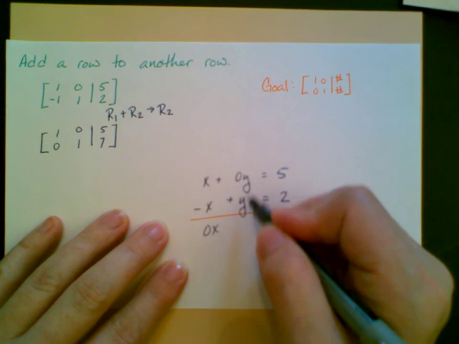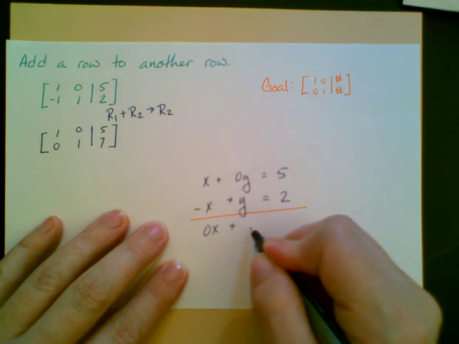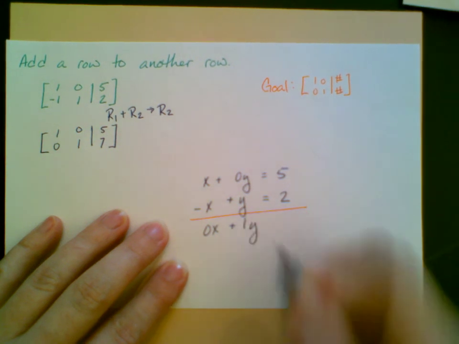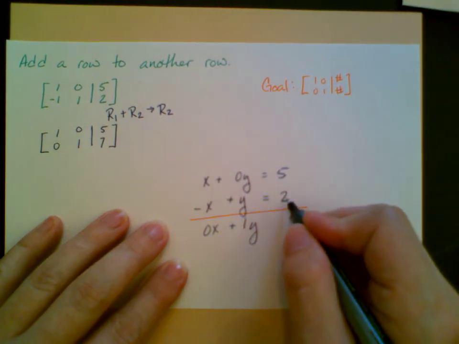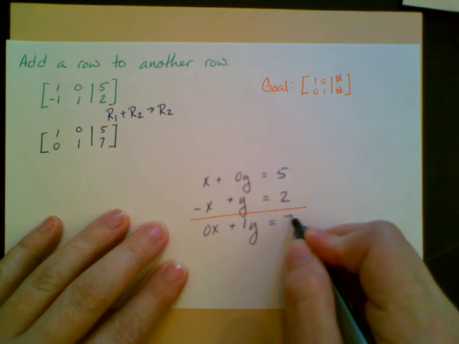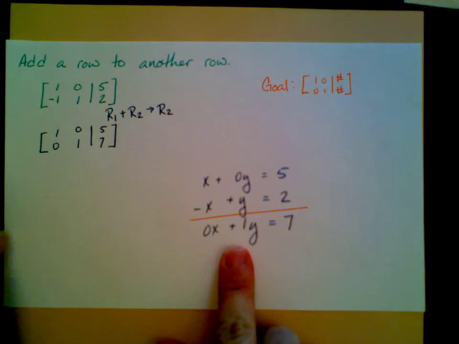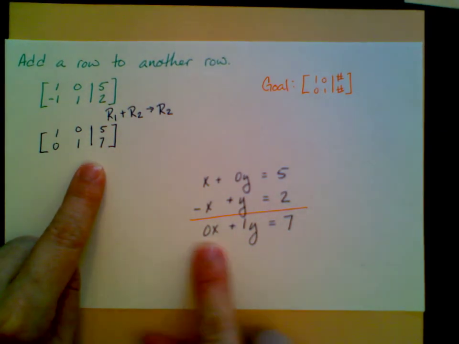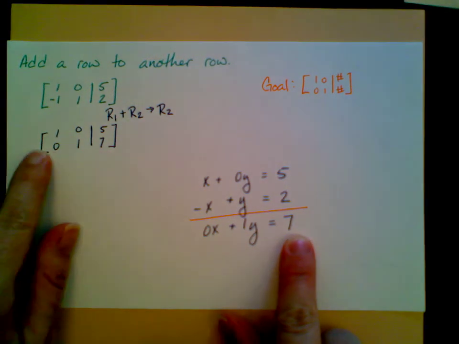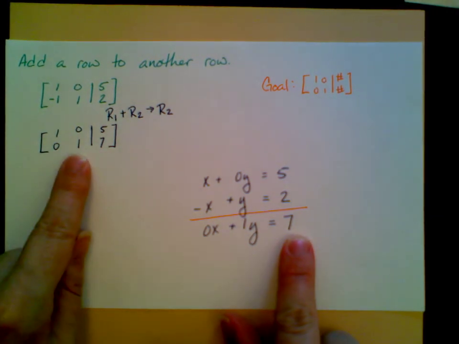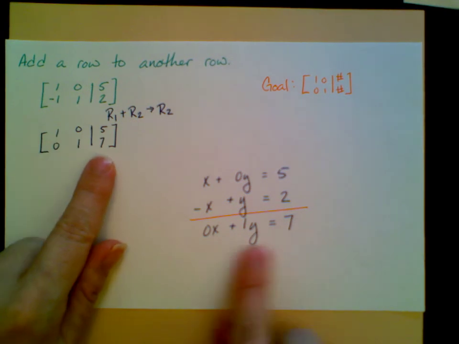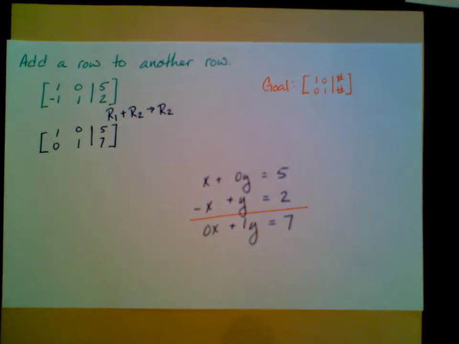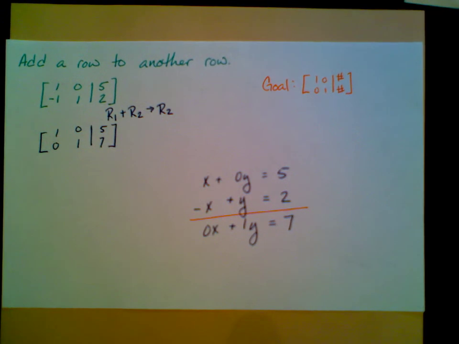Then 0y plus y, well, that's 1y. And I think I am going to write the 1 in for emphasis. And 5 plus 2, that's 7. Notice that the equation that I end up with is equivalent to the row that I ended up with. So when I add rows together like this, I'm really just performing that elimination strategy of solving a system of equations.